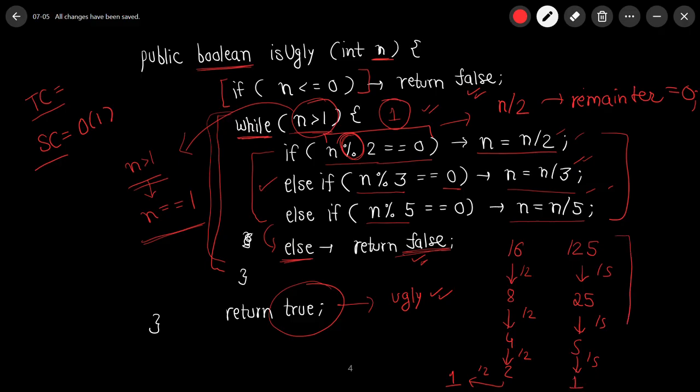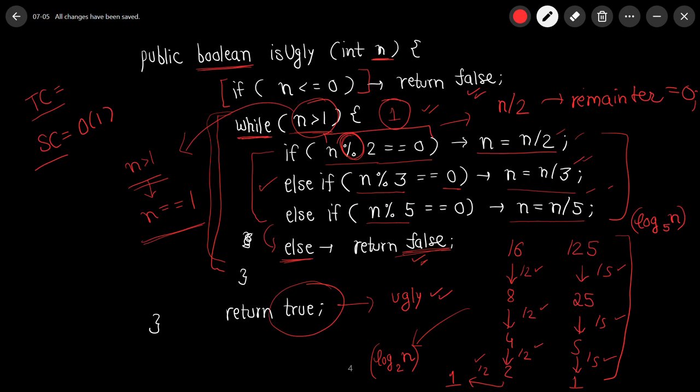So the number of steps in this, you can see right here, this is the first step, this is second, this is third. Every time we are dividing by 5. So the number of steps is nothing but log of n to the base 5. Similarly here, every time we are dividing by 2, so the number of steps is nothing but log of n to the base 2.